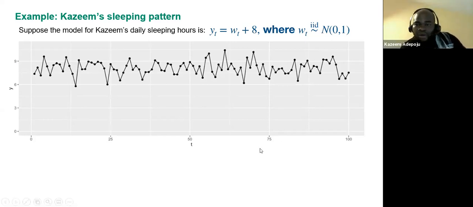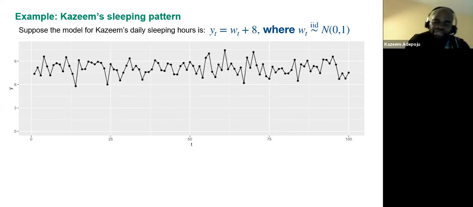For over 100 days, what I'm showing you right now is my sleeping hours pattern. From here you can look at the pattern, and see whether there's a directional increase in the hours over time or not.